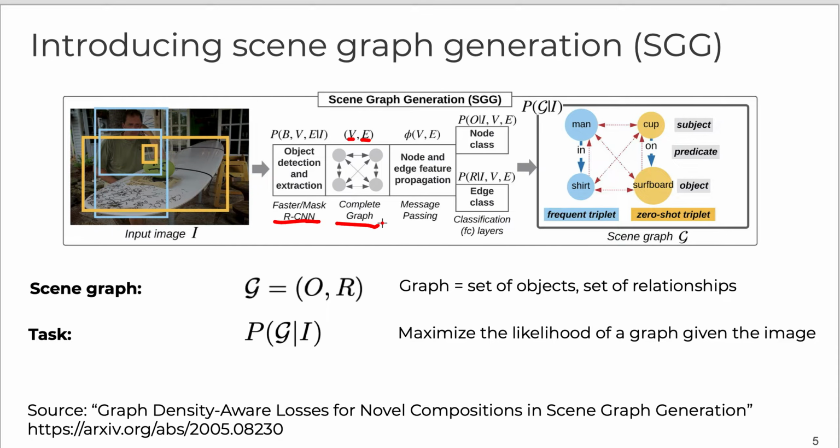At this stage we don't know if two objects have a relationship or not, so we need to figure that out later, and then we apply some graph-based model. For example, it can be message passing, which is one of the popular methods in the literature.